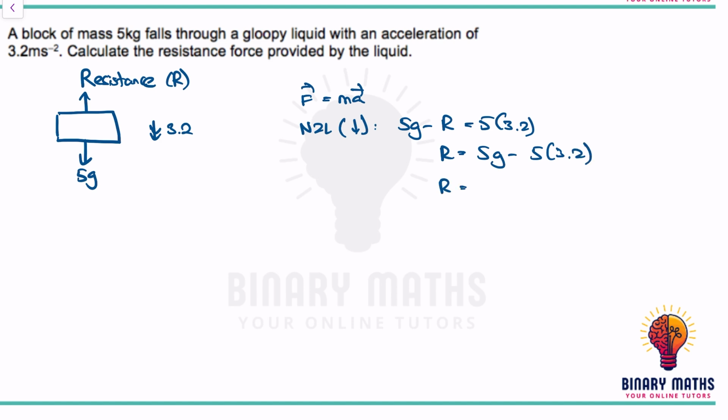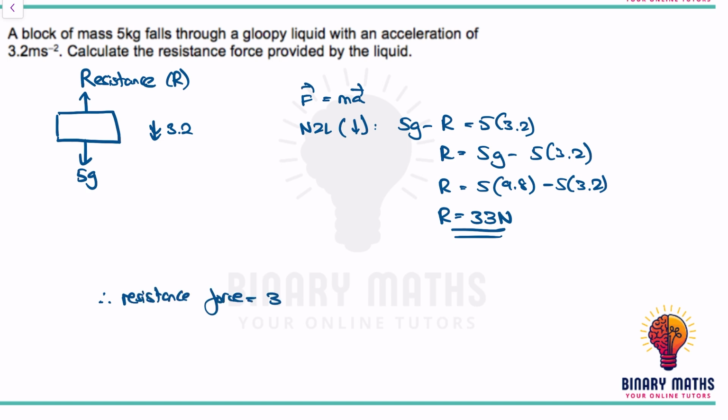So resistance will be, if you put that into your calculator, remember 5g is 5 times 9.8. For the time being, I'm just going to write it in. Later on, I won't write 9.8. I'm just going to assume g is 9.8. You understand that. So 33 newtons. Therefore, resistance force is equal to 33 newtons.